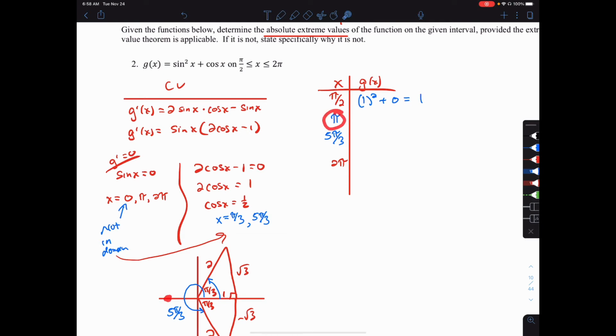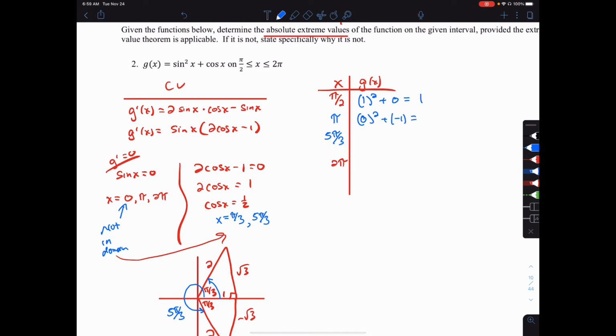Pi, which is over here, sine of pi is 0 because sine is y over r. So it's going to be 0 squared. Keep in mind I'm plugging that in right up here. Plus cosine of pi. Cosine of pi is negative 1 because we went left.